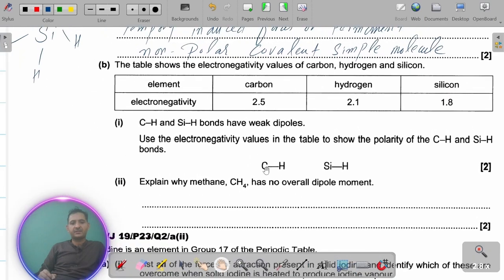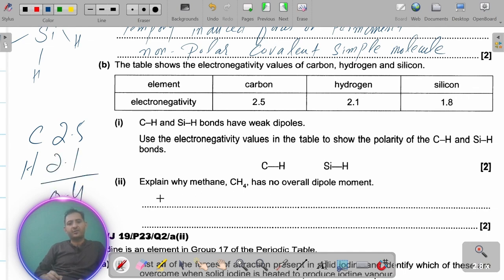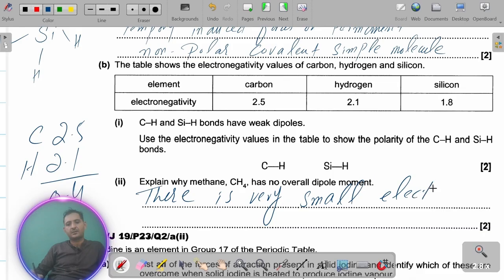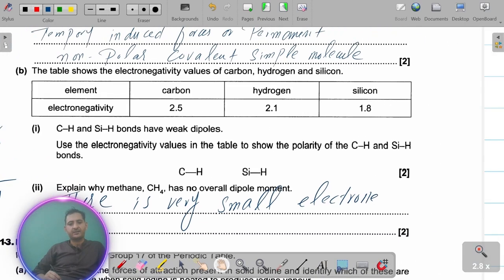In methane, carbon has an electronegativity of 2.5 and hydrogen 2.1, so the difference is 0.4. There is a very small electronegativity difference.